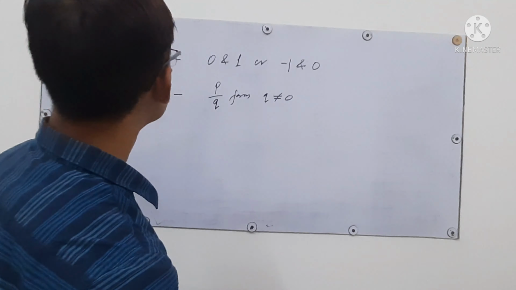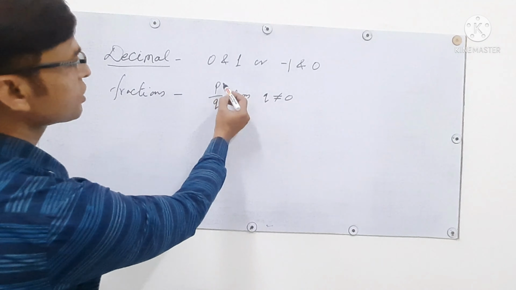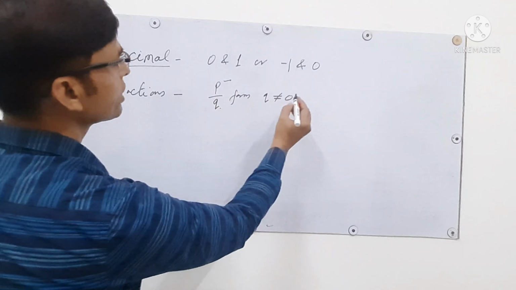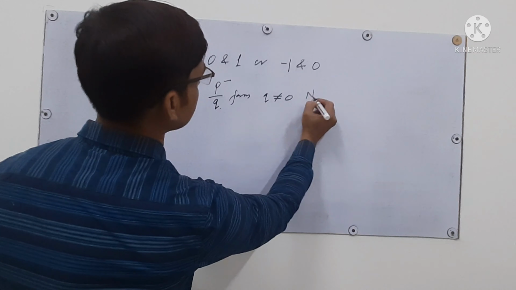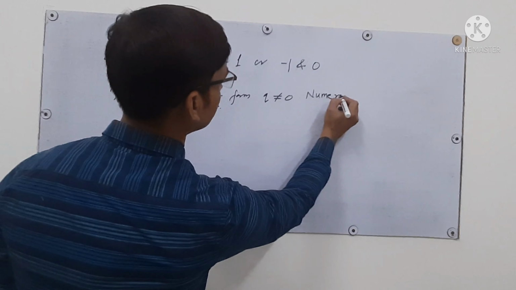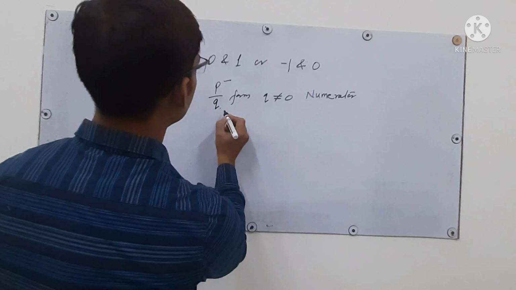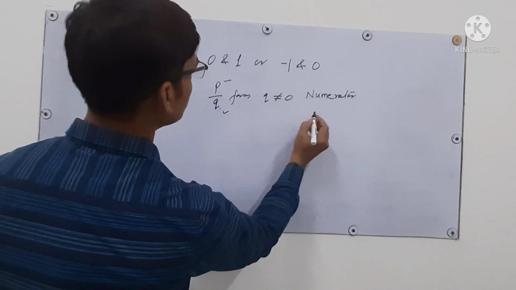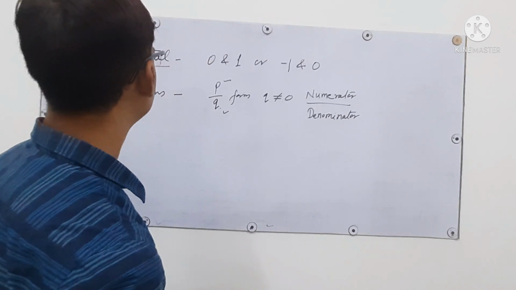In this fraction, what is p and what is q? p is the number known as the numerator, and q is the number known as the denominator. So p by q is numerator upon denominator.